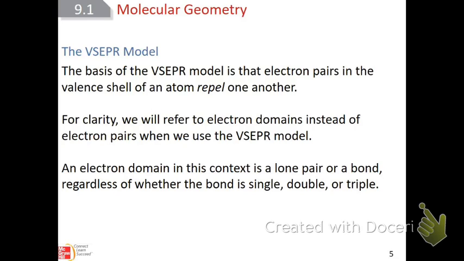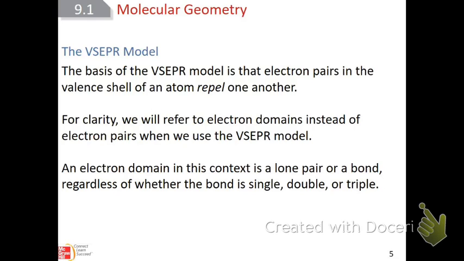When we're talking about a domain, let's talk about this central atom, and the electrons around that atom in terms of whether they are bonded or unshared. So an electron domain is how many pairs of electrons it has around it.